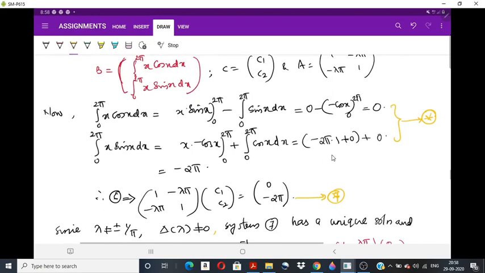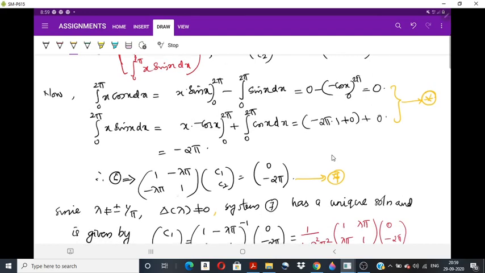Therefore, the matrix B will be the column matrix 0, minus 2 pi, and the system of equations 6 becomes AC equal to the matrix 0, minus 2 pi.